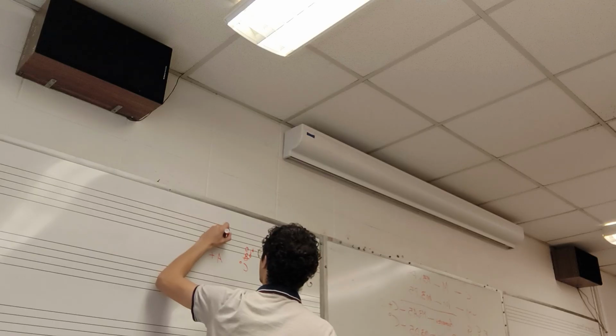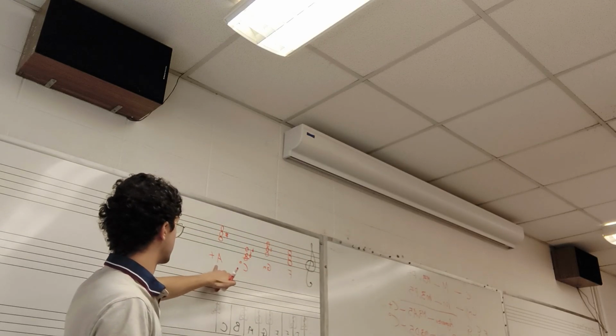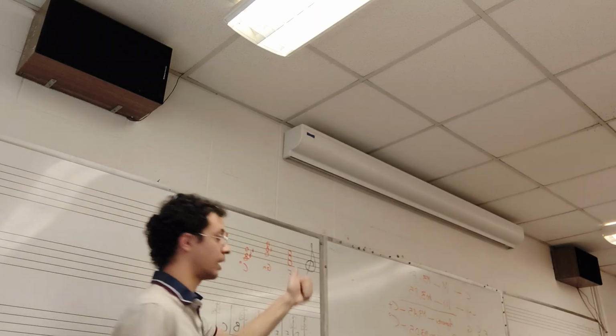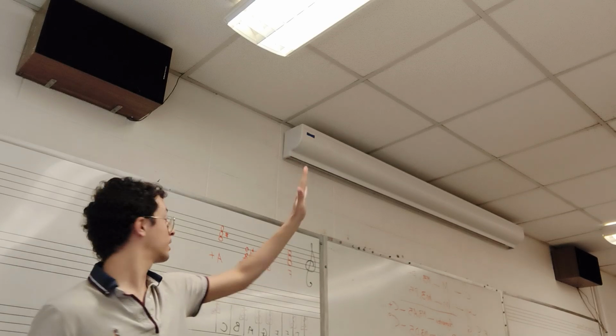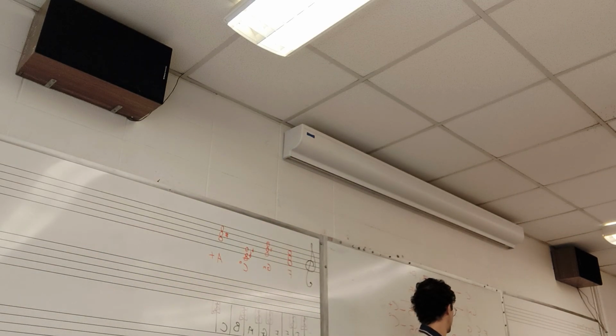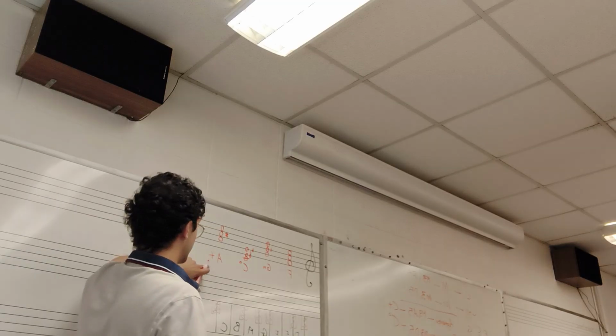So I know the third has to be sharp. Now, what type of fifth is in an augmented triad? Augmented fifth. Okay, so A, B, C, D, E. Is E sharp in the key of A? No. So is this right? Is that okay?